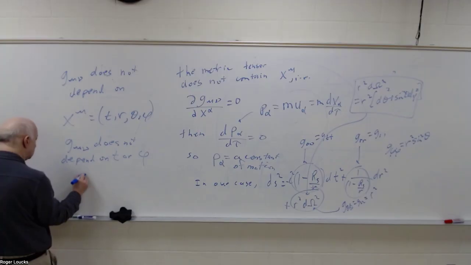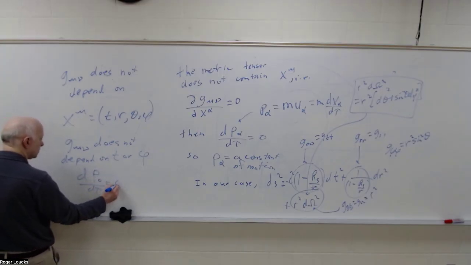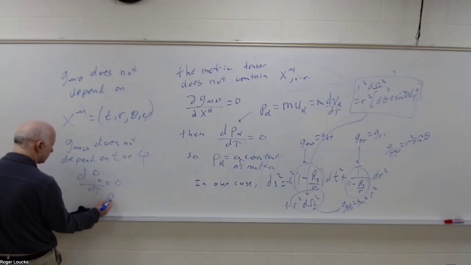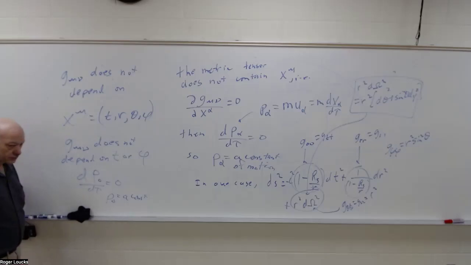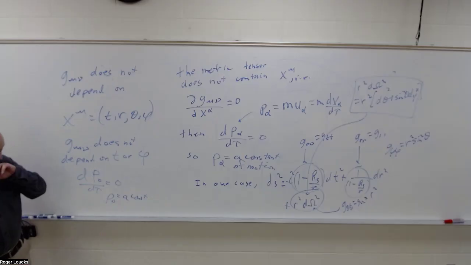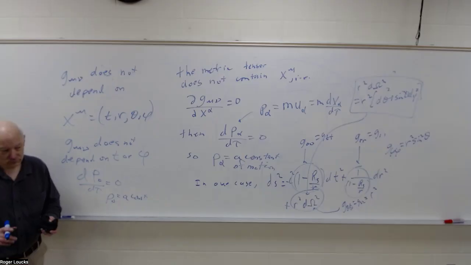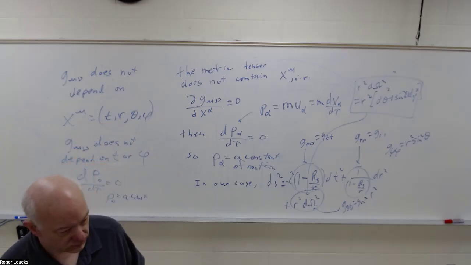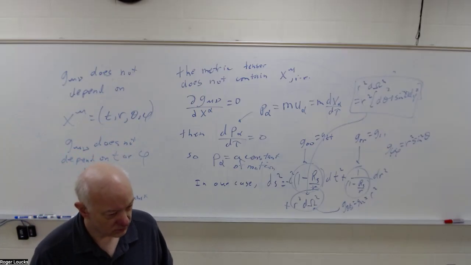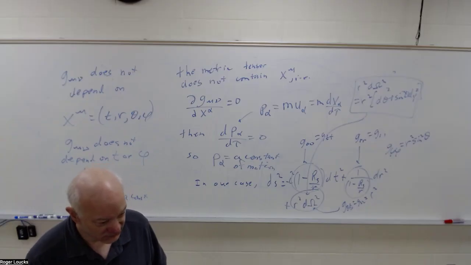That means that d p0 d tau is 0, so p0 is a constant. Okay. What do you think that one's going to give rise to? That's going to give rise to conservation of energy.